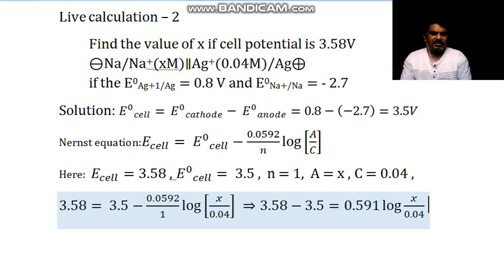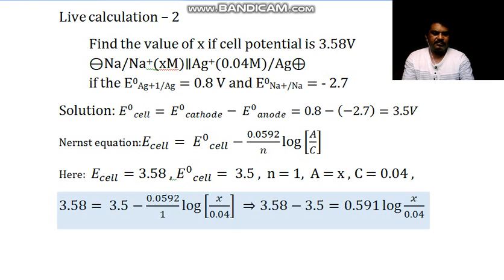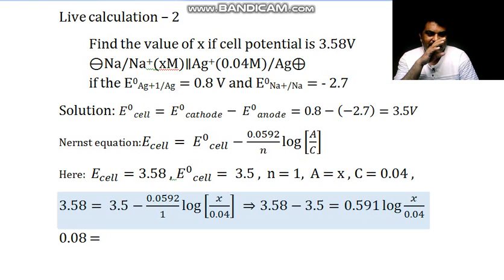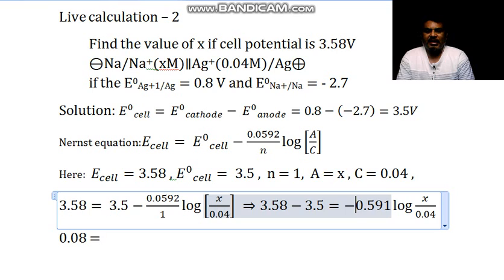So in calculation, dear students, we have 3.58 minus 3.5, that is nothing but 0.08 is equals to, what is remaining there? Yes, I forgot something, you didn't remind me. This is the minus sign, and that minus sign we have to put.